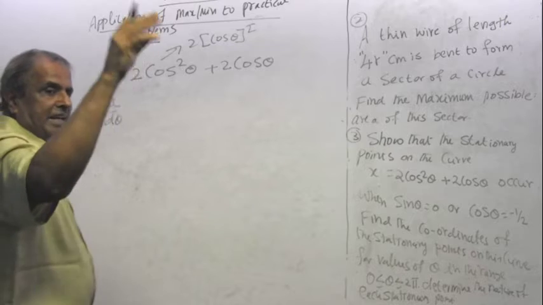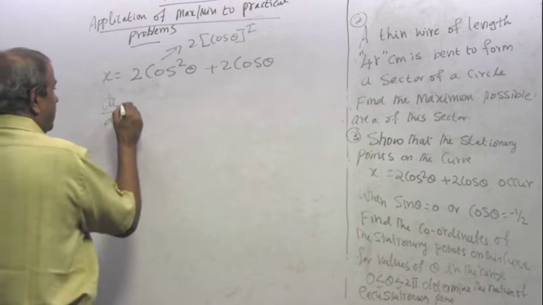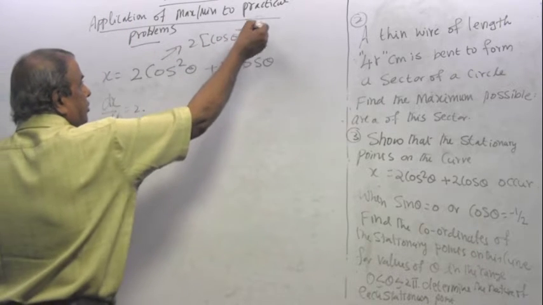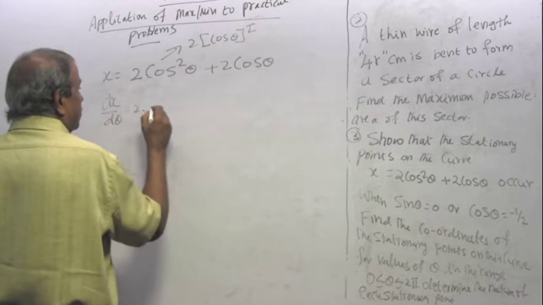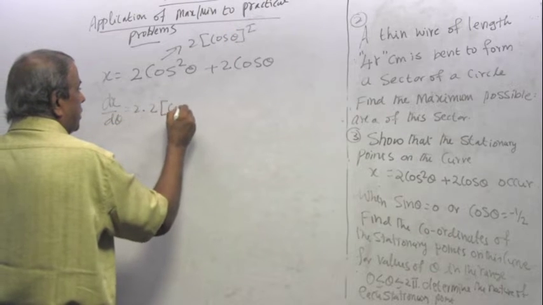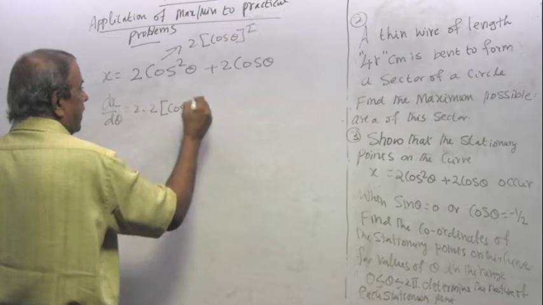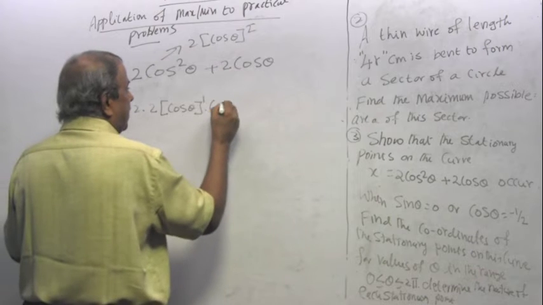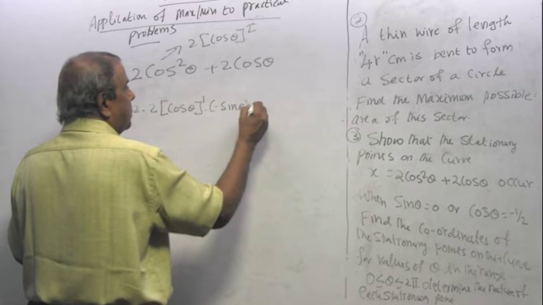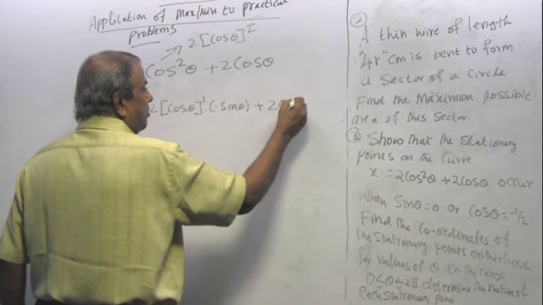Please, cos squared theta does not give you sin squared theta. 2 is a constant. You start from outside, the outside power is 2, so differentiate the power, the inner one remains the same. Then differentiate cos theta, I get minus sin theta, plus 2 times minus sin theta.